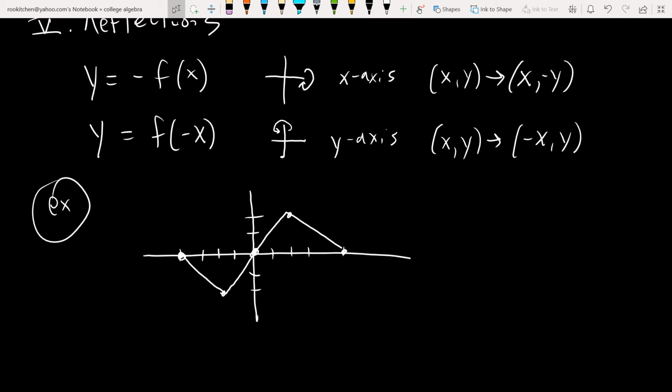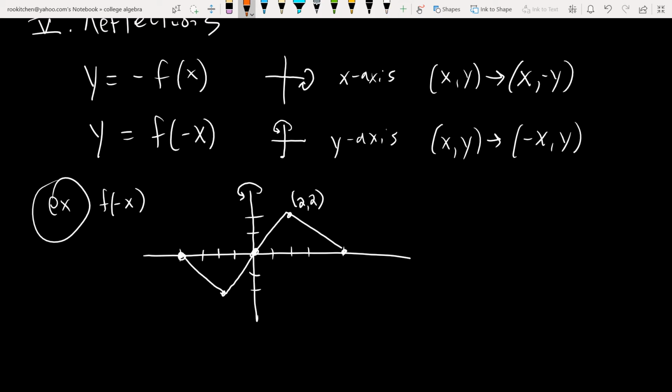And they want us to draw f of negative x. Okay, so that's a rotation about the y-axis. So if you have the point, let's say 2 comma 2, it'll turn into negative 2 comma 2. Okay, so let's do that.